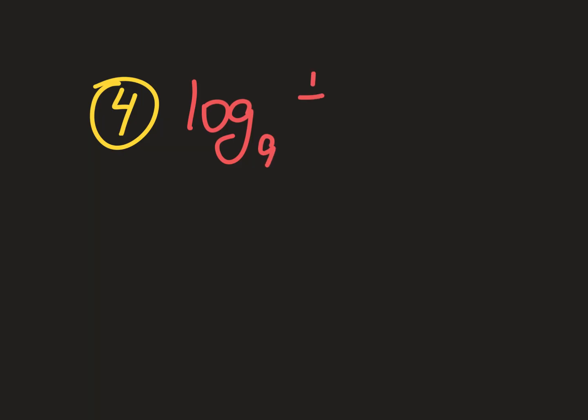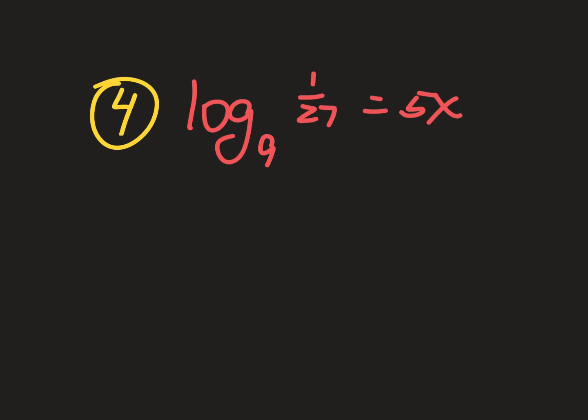Number 4 is also actually not real fun. Joshua, would you read me number 4? Log base 9 of 1/27 is equal to 5x. Equals 5x. Nice. Now, if you are a ninja with fraction exponents, you could turn 1/27 into 9 to a power.